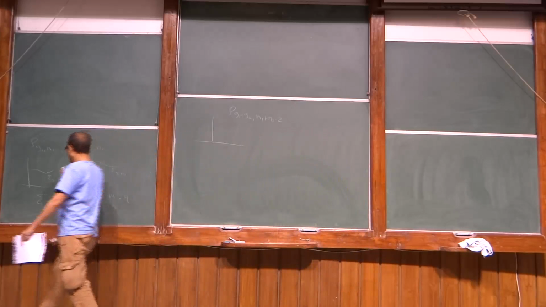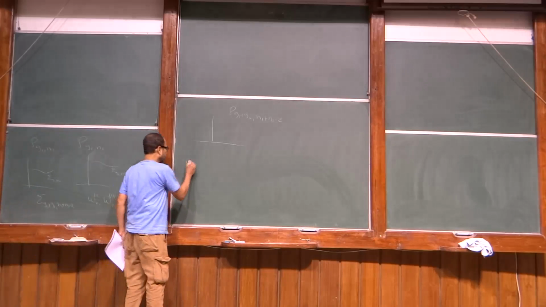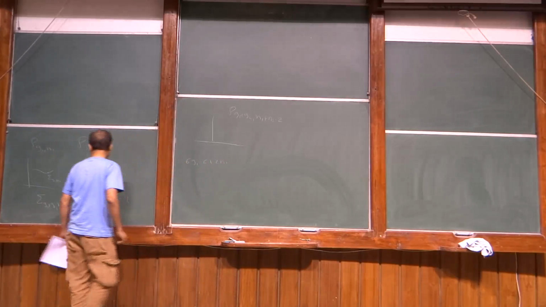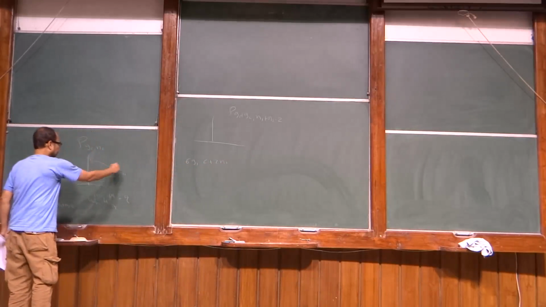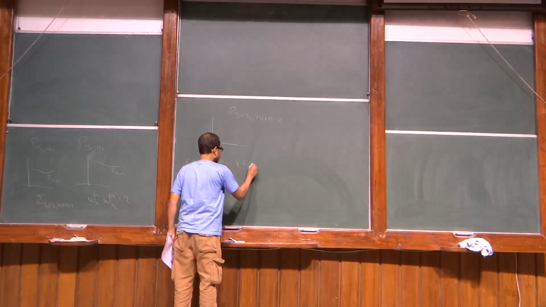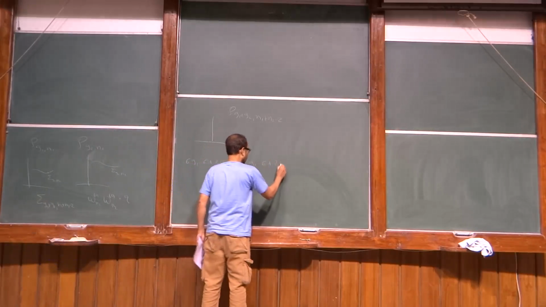The first family has 6G1 minus 6 plus 2N1 parameters. The second family has 6G2 minus 6 plus 2N2 parameters.